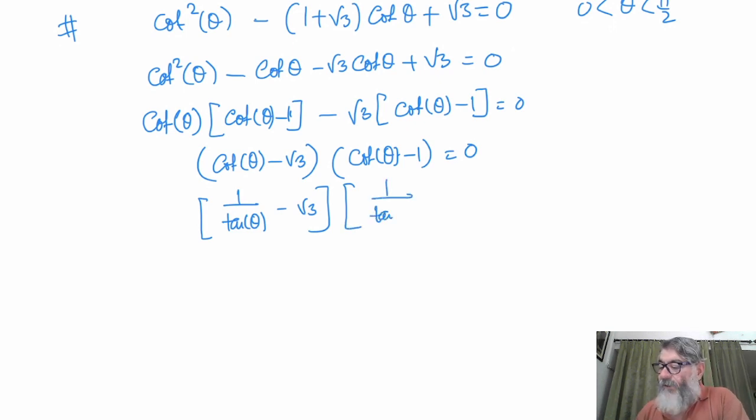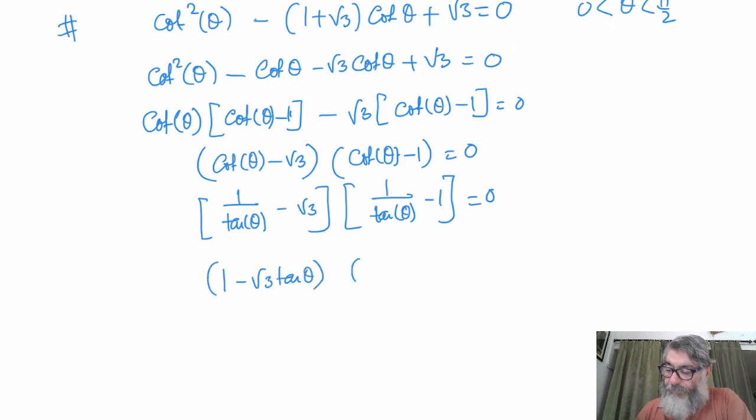It will become 1 minus root 3 tan theta into 1 minus tan theta upon tan square theta is equal to 0.